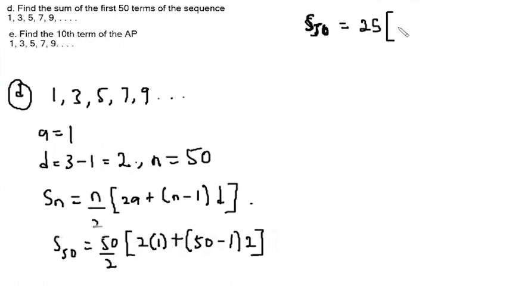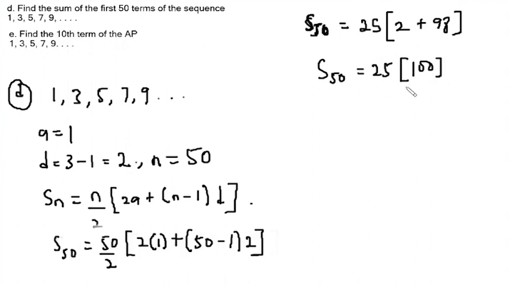So we have 2 plus 98, and then this S of 50 is equal to 25, open bracket, 100. So 25 times 100 is equal to 2,500. So S of 50 is equal to 2,500.